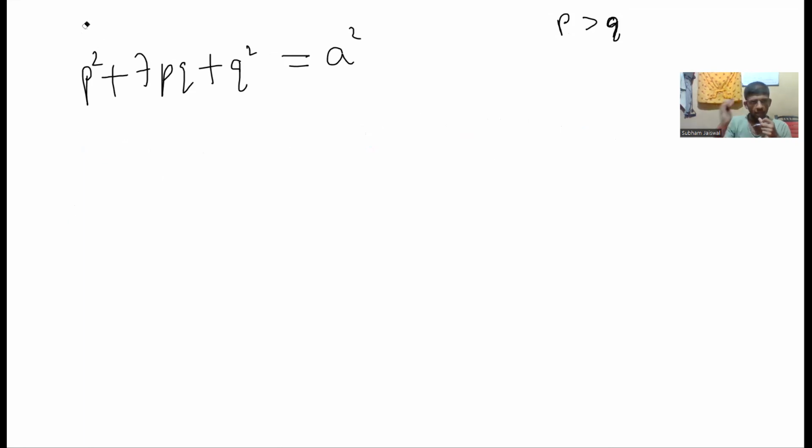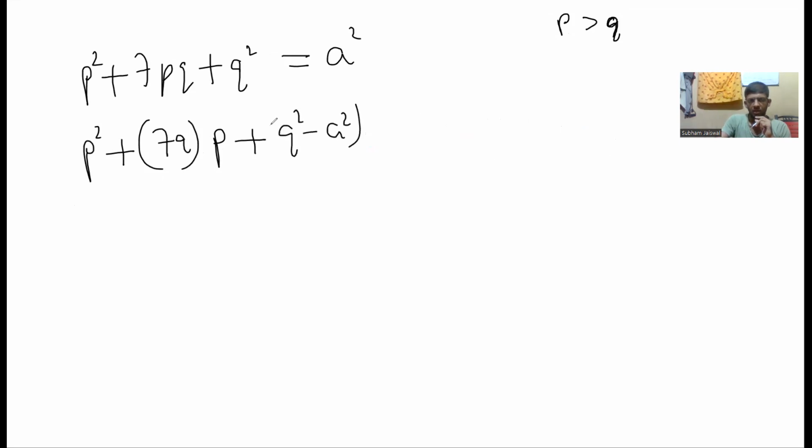You could look at this as a quadratic equation in P. So if you do that, then what happens? Comes like this. And so we should do this. So this is like this. Right?